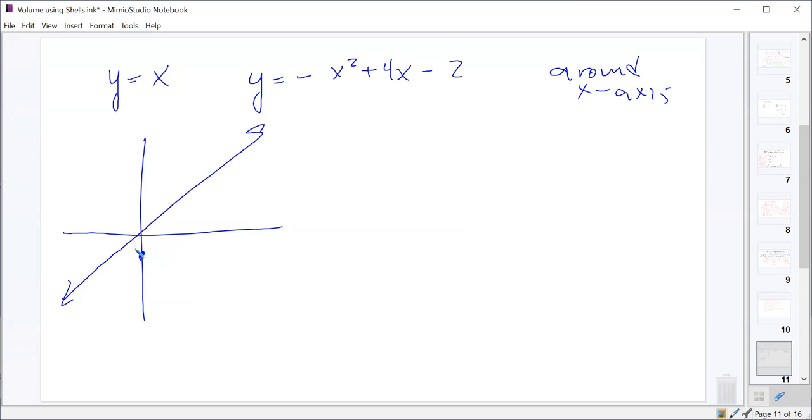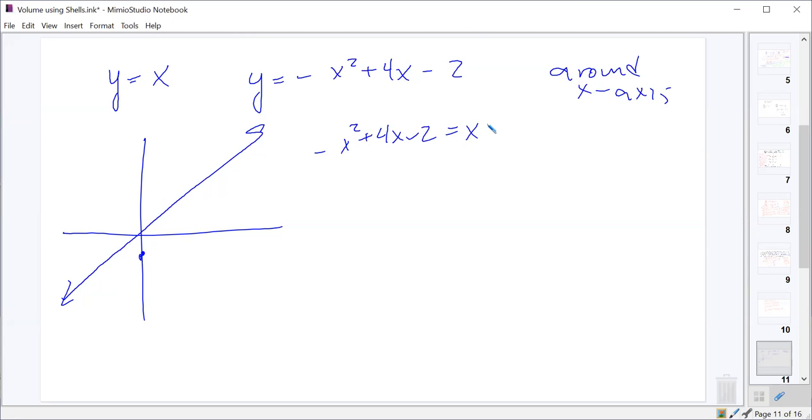Is that the right equation? Negative x squared plus 4x minus 2. Y equals x. Okay. All right. Where do those cross then? Let's see. Negative x squared plus 4x minus 2 equals x.